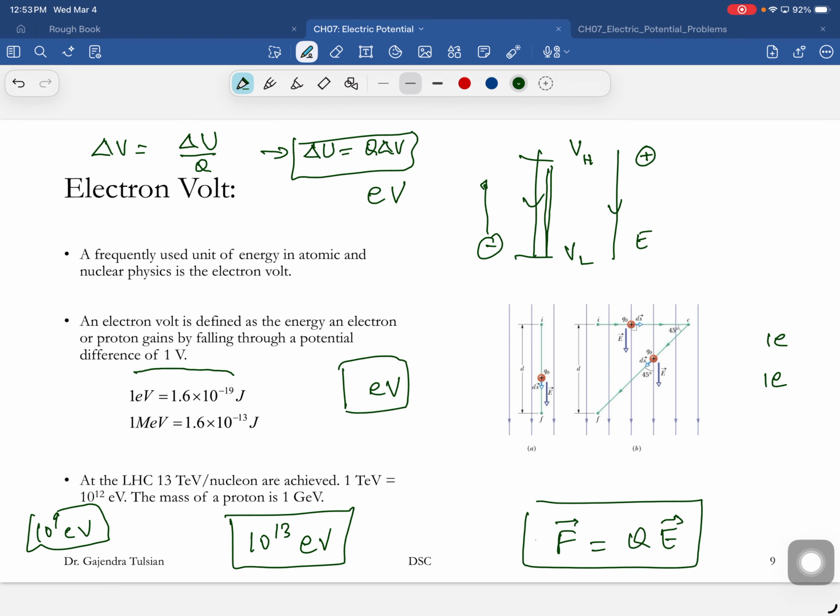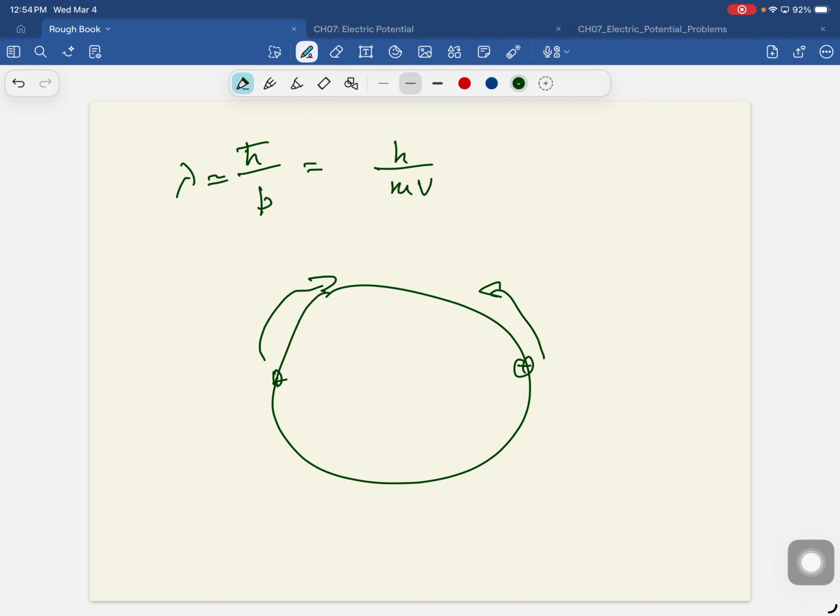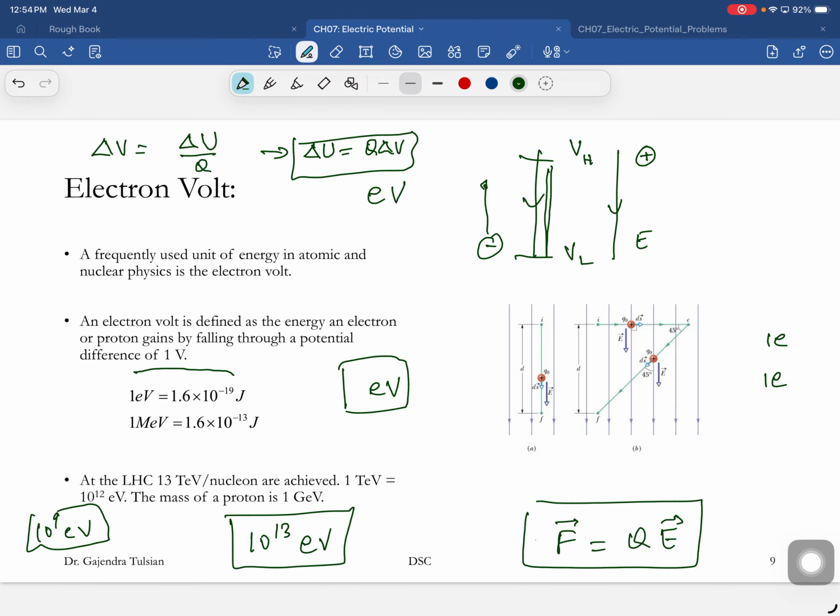So in the Large Hadron Collider, proton beams go in opposite directions and collide, and these protons have energies 10,000 times their mass. That's how fast they're sped up. The associated wavelength is very small, and you're probing deep inside the structure of matter.